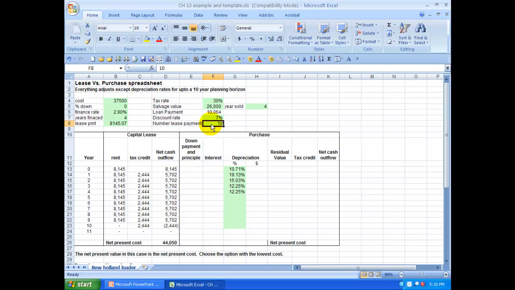And one thing I want to do is come back in here and change this back to 4 lease payments like it's supposed to be. And so you can see that we've got the net present cost. I'm referring to this as a net present cost because these are all costs that we're using. And so this is just our cost, the equivalent of the cost over all of those different years in today's dollars.